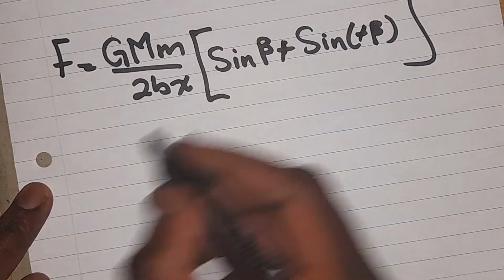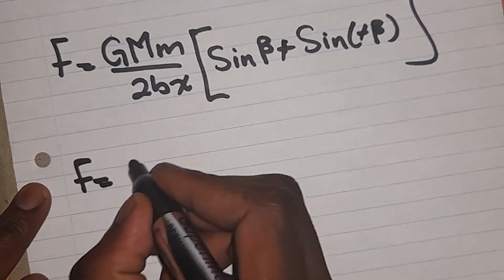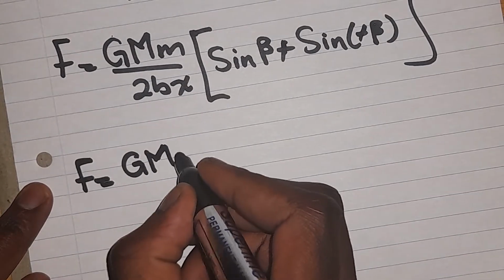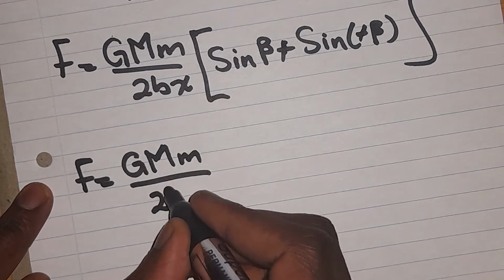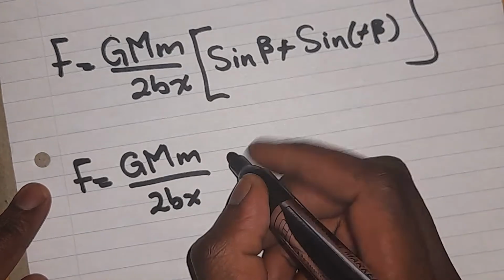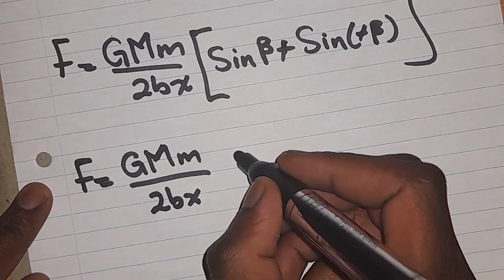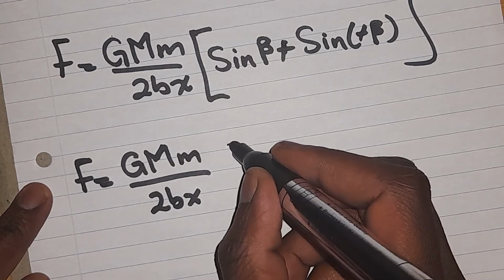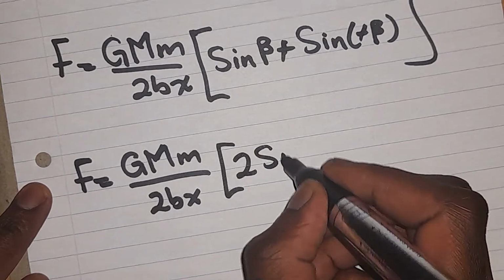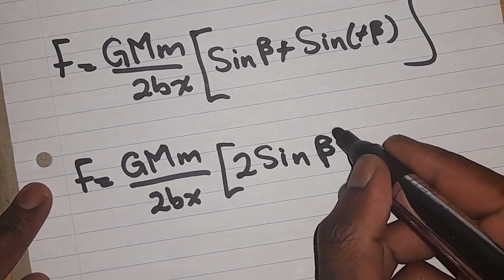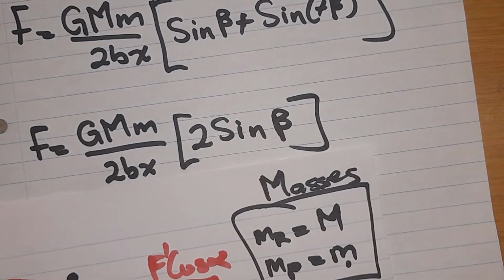So we'll have 2 sine beta, meaning our F is equal to G capital M small m all over 2bx times 2 sine beta.